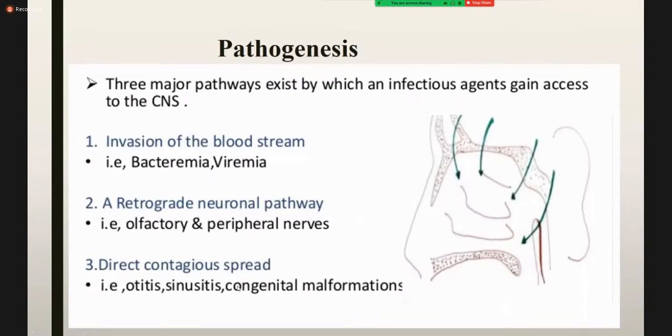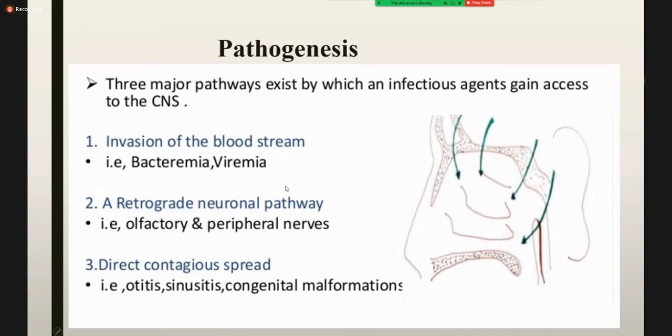Now, as we already discussed in acute meningitis, there are certain pathologies or pathogenesis involved in acute settings. There are mainly three major pathways by which an infectious agent gains access to the central nervous system.